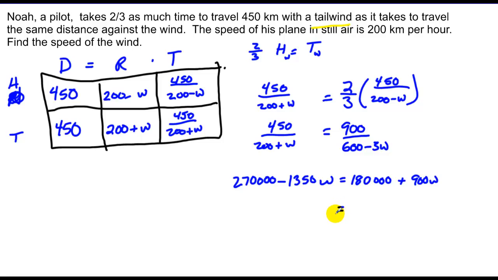Get all the W's to one side. Bring this guy over. I get 2250 W, and then 270,000 minus 180,000 is just 90,000. Divide by 2250, and I end up with W equaling 40 miles an hour.